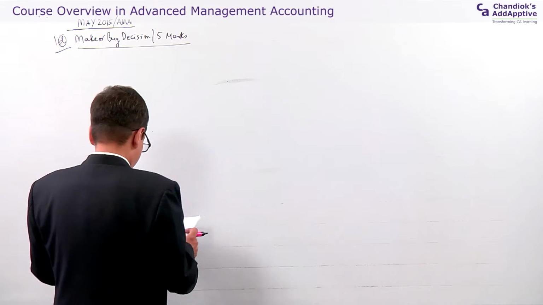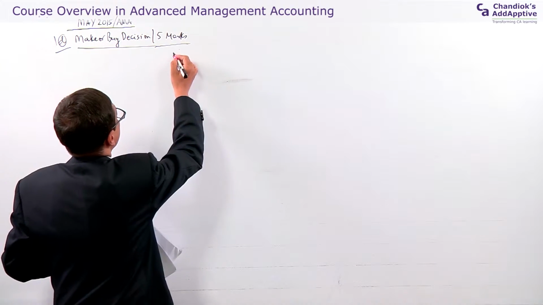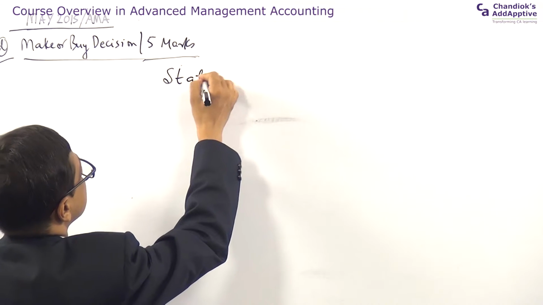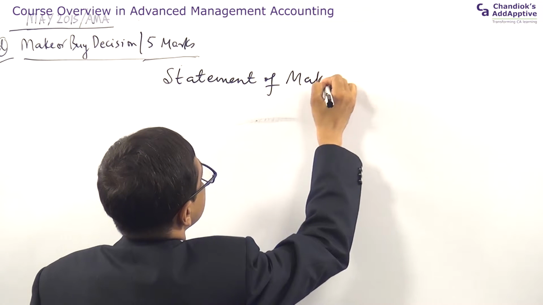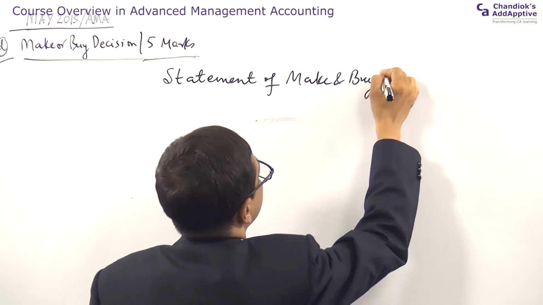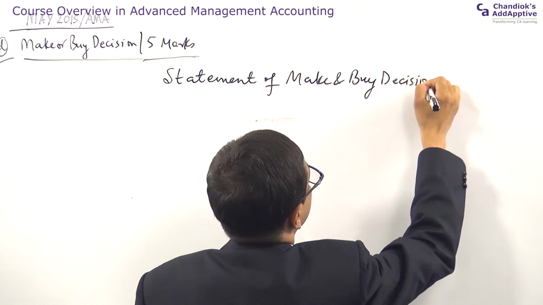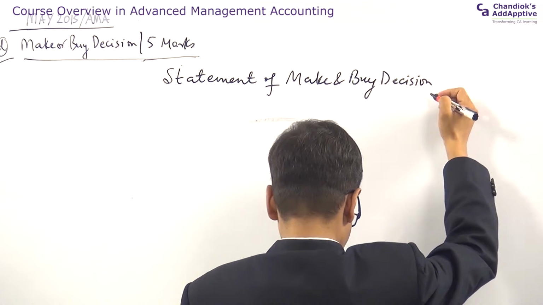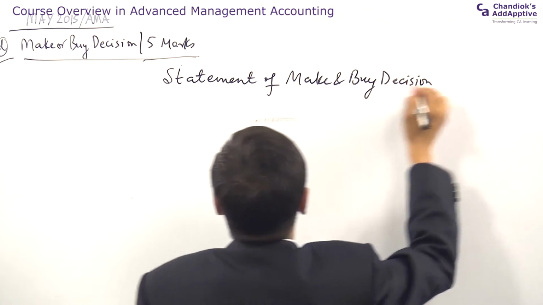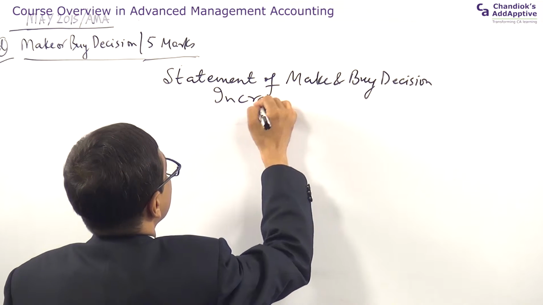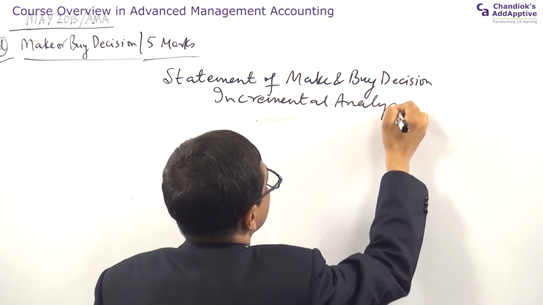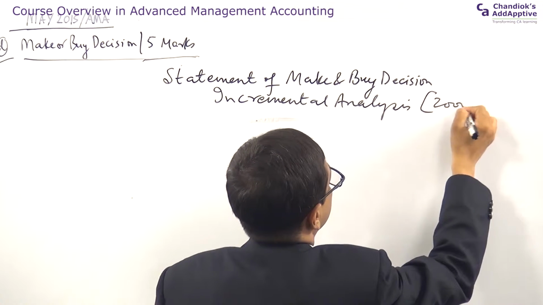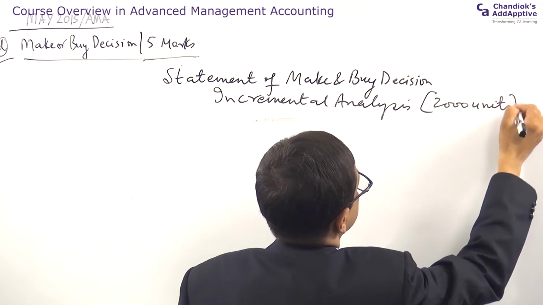To make it, you have to create a format, the suitable format for it. So we are going to make statement of make and buy decision based on incremental analysis for 2000 units.